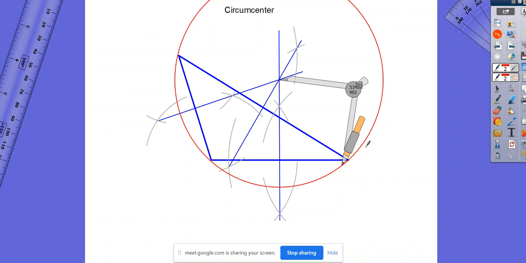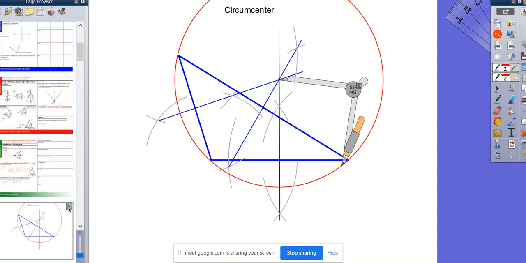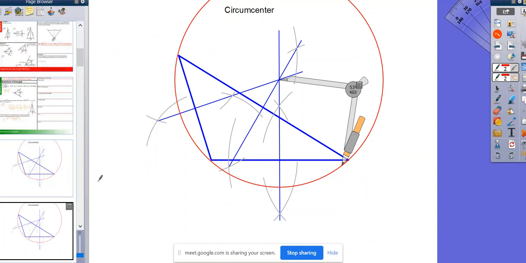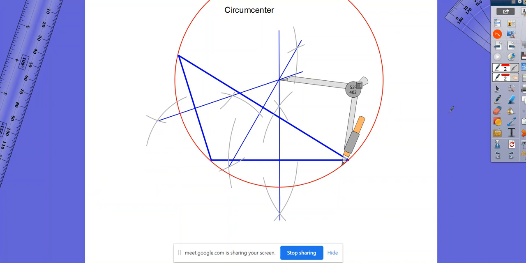All right. So again, that is called the circumcenter of a triangle. What would the definition be exactly? We don't have it. What should we write down? Simply, the circumcenter is equidistant from all of the vertices of the triangle.